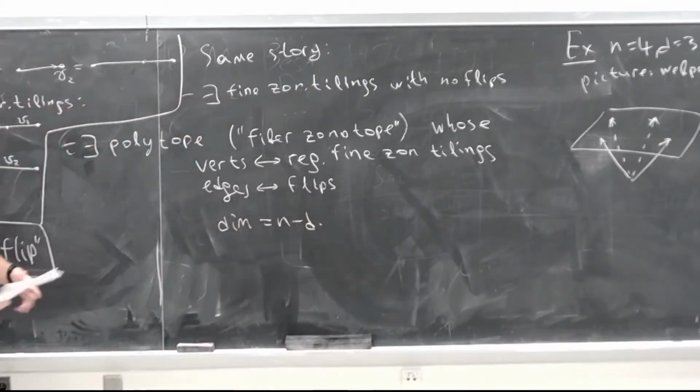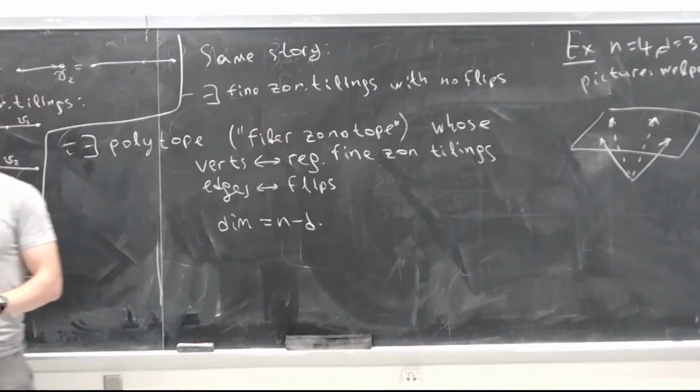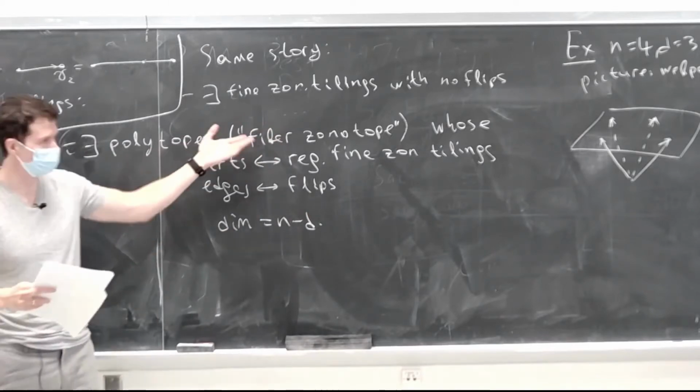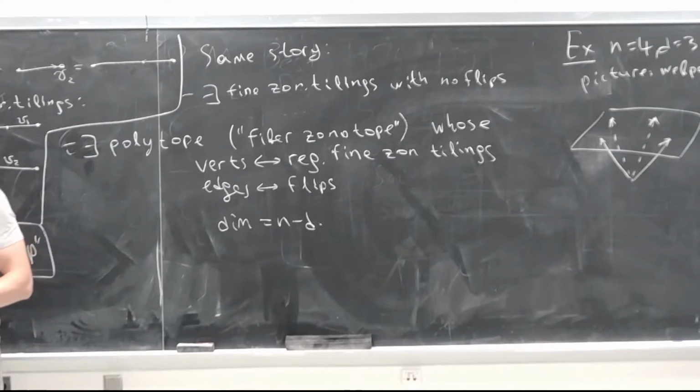So it's sort of like the secondary polytope, except it's a zonotope. I mean, this polytope actually also happens to be a zonotope.